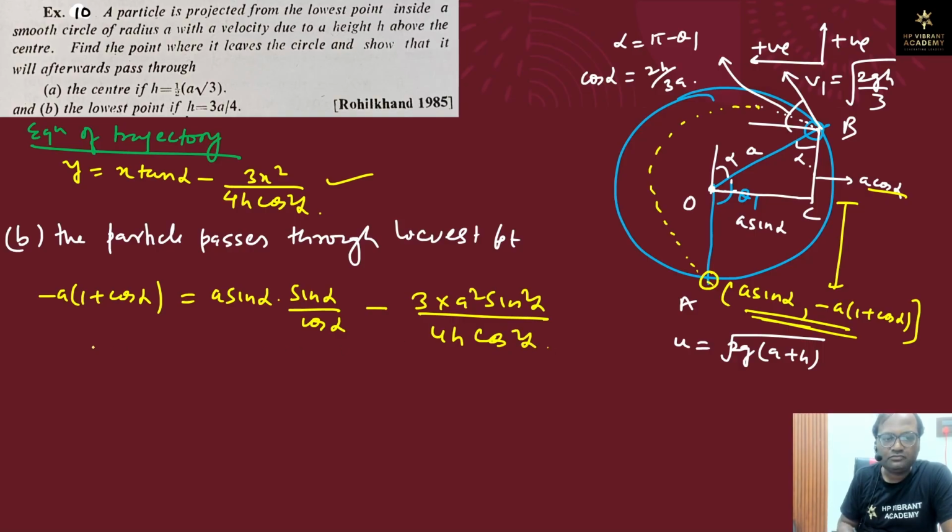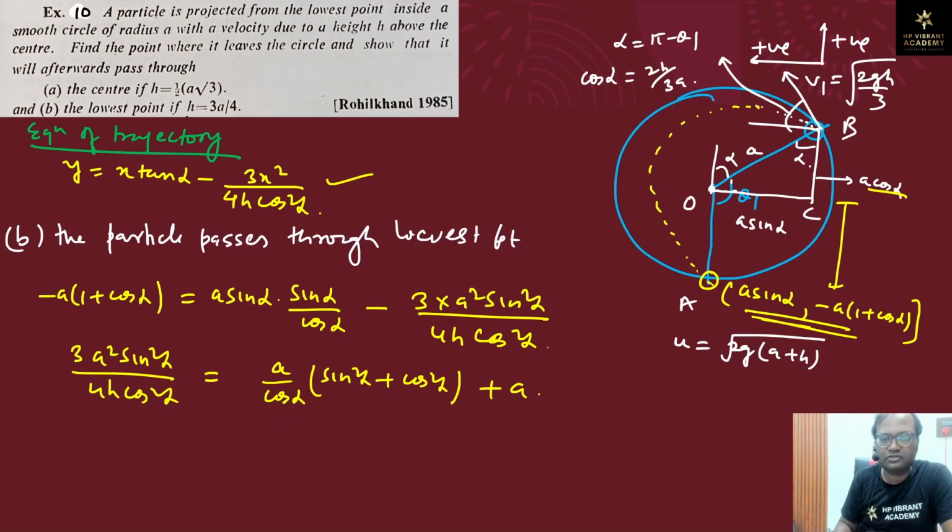Okay, so we have 3a square sin square alpha upon 4h cos square alpha is equal to a upon cos alpha into sin square alpha plus cos square alpha plus a.